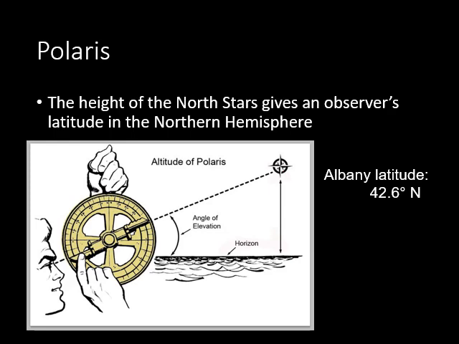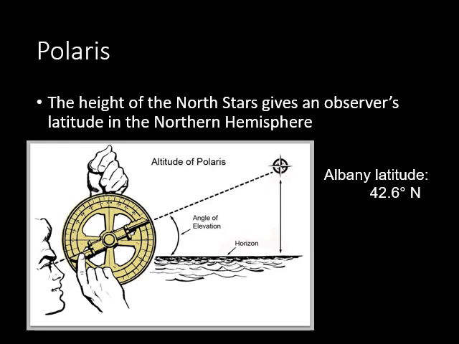So in my cartoon here, you've got a person that is using an astrolabe or some other device to look at the North Star and measure the angle of the North Star, meaning how high above the horizon is the North Star. If you measure it accurately here in Albany, you should get a number that's about 42 or 43 degrees above your horizon. Albany's latitude is 42.6 degrees north.